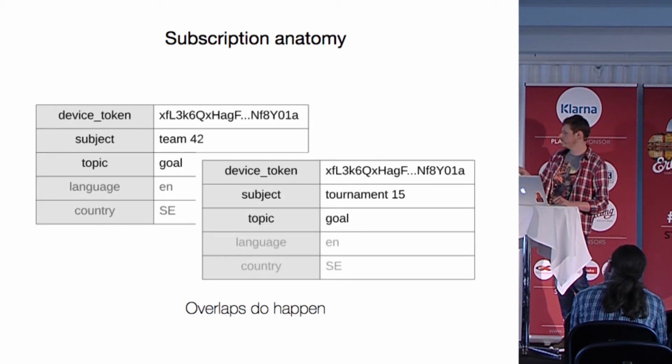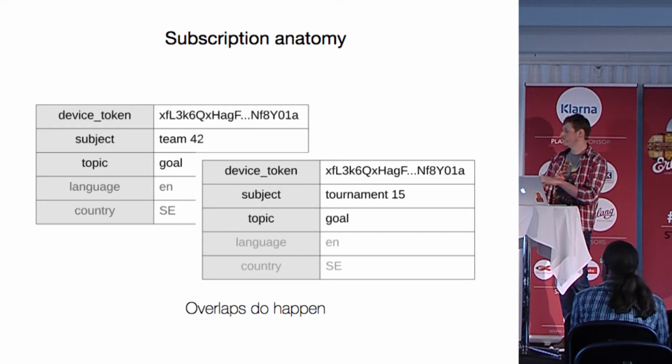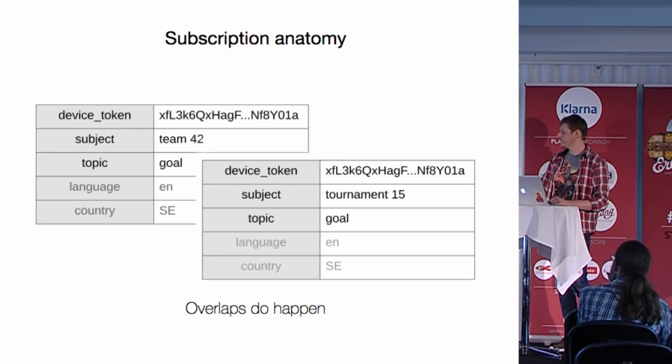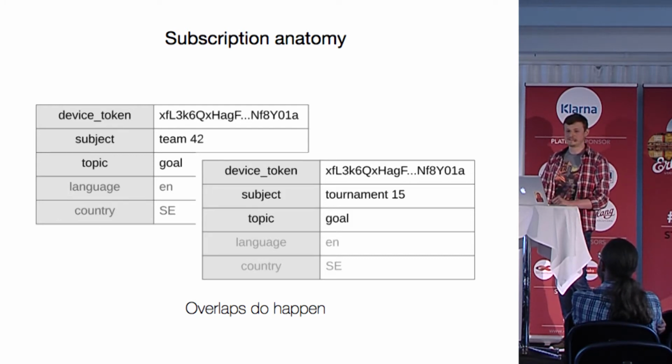As you see, all these records have the same token, same language, all properties the same except the subject. We already know by using this format that someone from Sweden who speaks English wants to receive notifications for a team and a tournament.